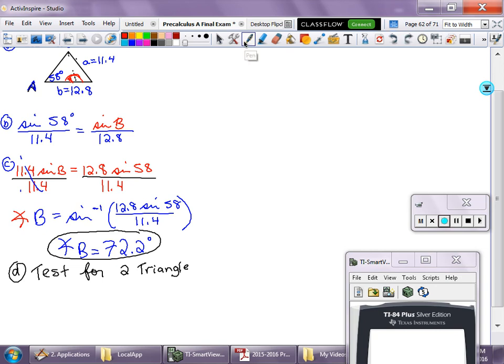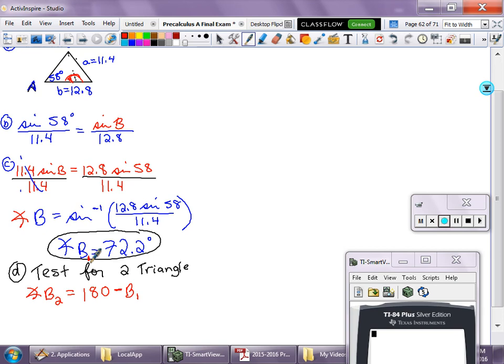So to find B2, it's going to equal 180 minus B1. And this now is B1, because that's our first angle.